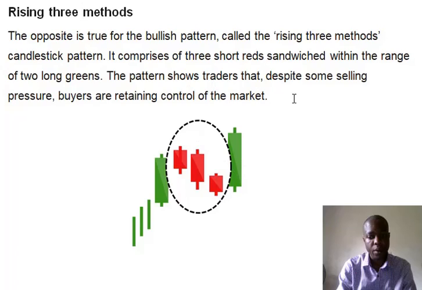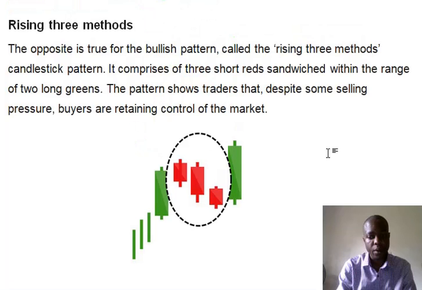As you can see, the pattern shows traders that despite some selling pressure, buyers are retaining control over the market, and this signals uptrend. So that is the rising three methods.